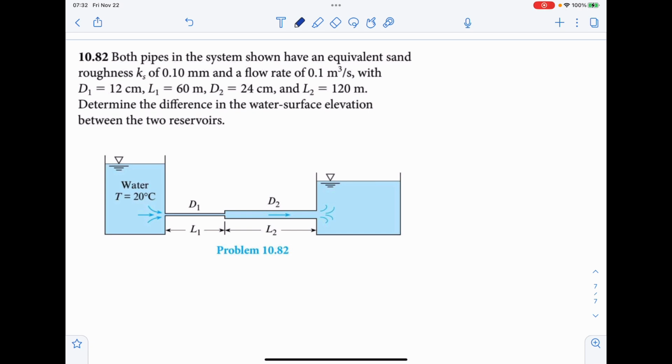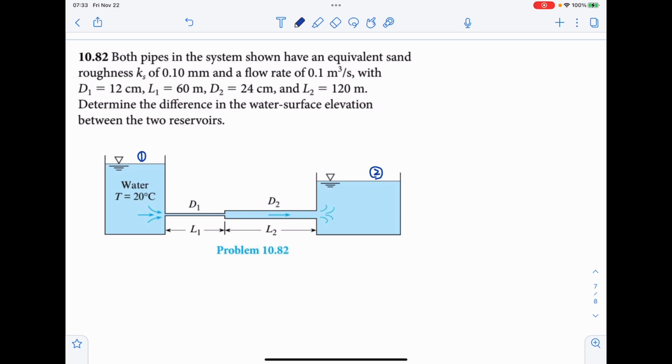The problem is asking us to find the difference in water surface between the two reservoirs. So let's say point 1 at the first reservoir, point 2 at the second reservoir.